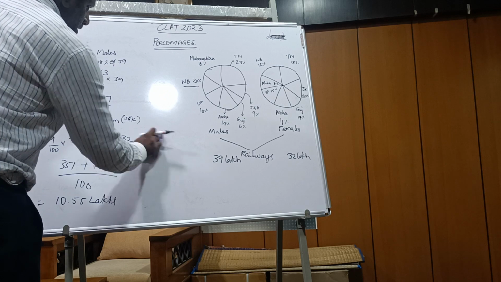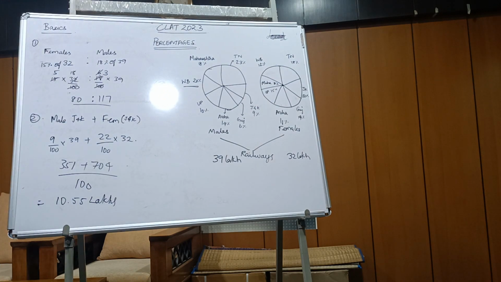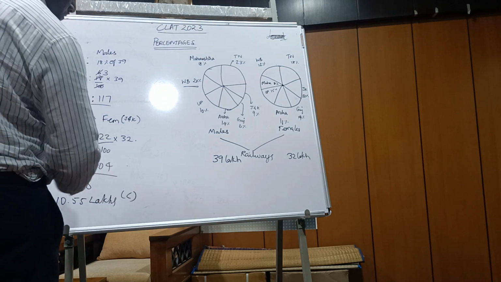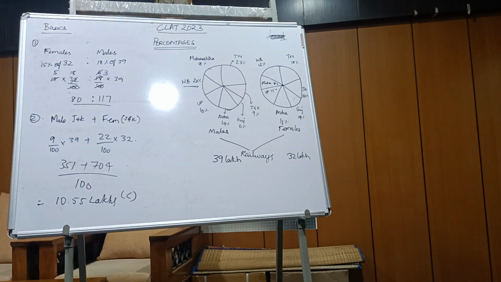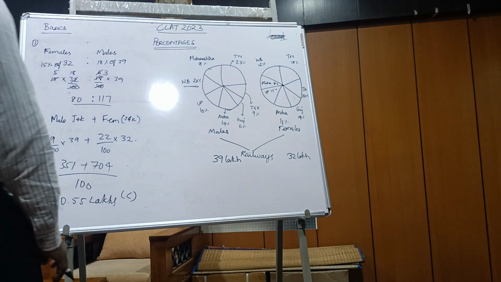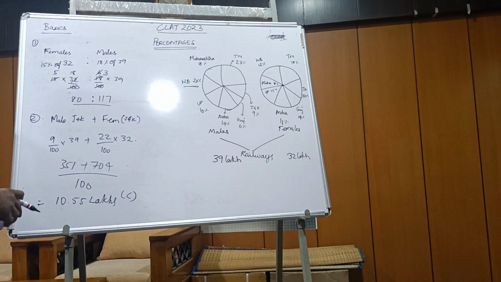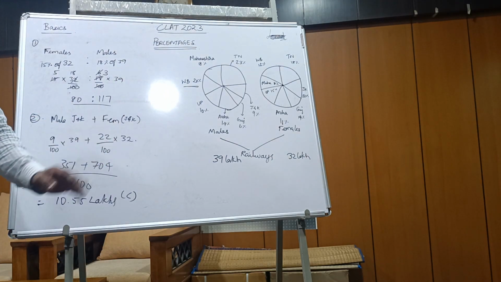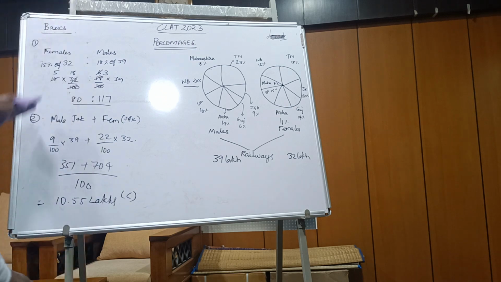So we get the answer 10.55 lakhs, which is option number C. Alright, any doubts in this? It's a simple multiplication, as we see that we are multiplying the percentage with the total number and you get the answer.